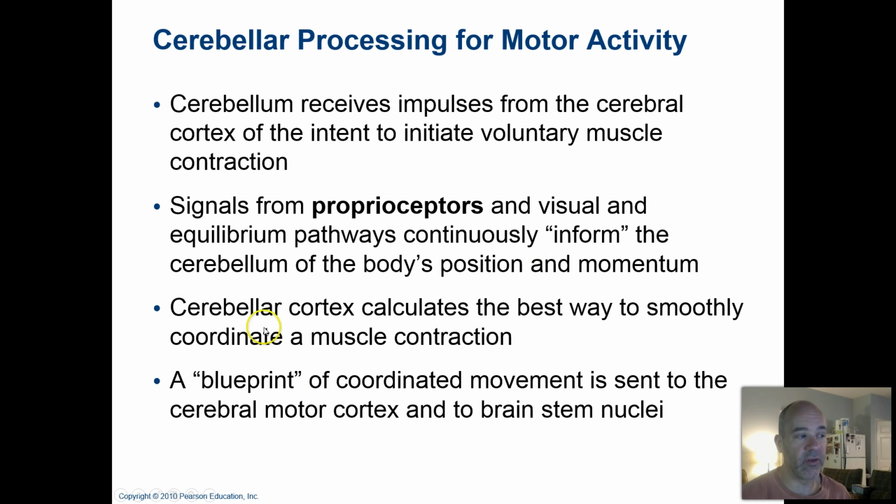So as I mentioned, the cerebellar cortex, the gray areas of the cerebellum, helps calculate the best way for you to smoothly coordinate a muscle contraction. That's one of the main functions of the cerebellum. Think about running, ice skating, riding a bike, or lifting something heavy.